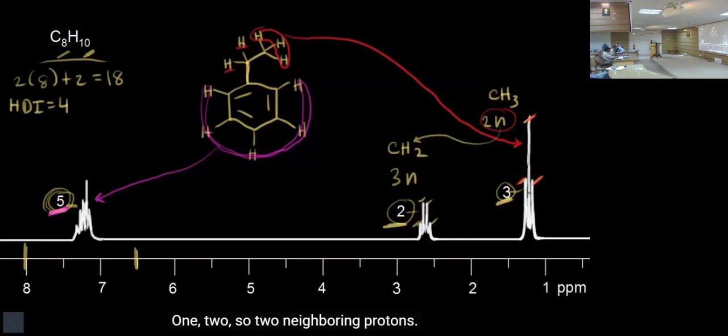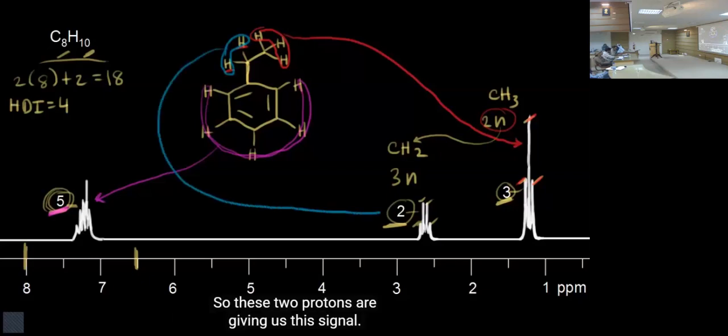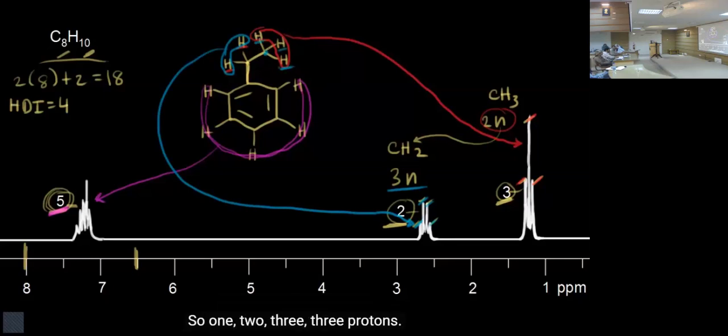Let's look at these 2 protons next. These 2 protons are giving us this signal. We would expect 3 neighbors because we had 4 peaks, 1, 2, 3, 4. So 3 neighbors: here's a next door carbon with 3 protons, and this is also a next door carbon, but there are no protons on this carbon.